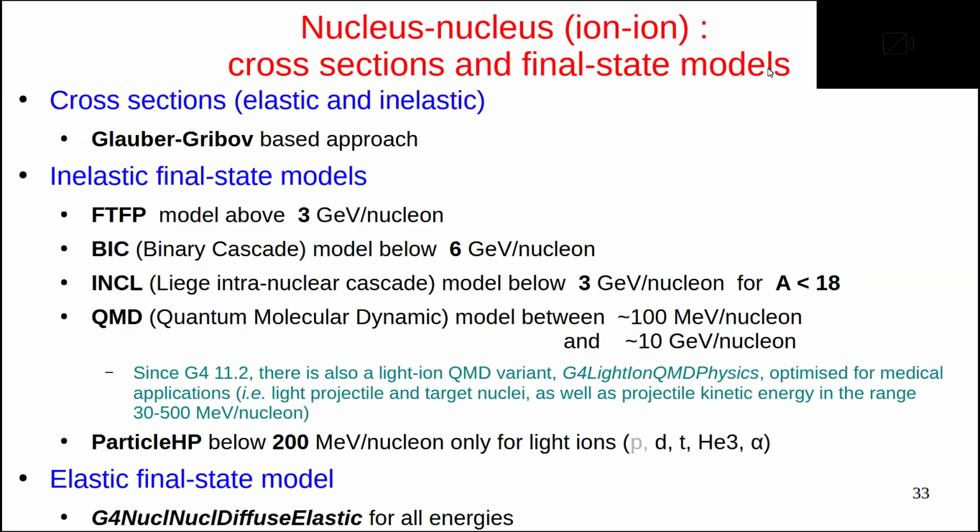Carbon ion, essentially hadron therapy. And then there is ParticleHP for proton, deuteron, tritium, helium-3, and alpha, below 200 MeV per nucleon for light nuclei. And then there is an elastic final state model, nuclear diffuse elastic, covering all energies.